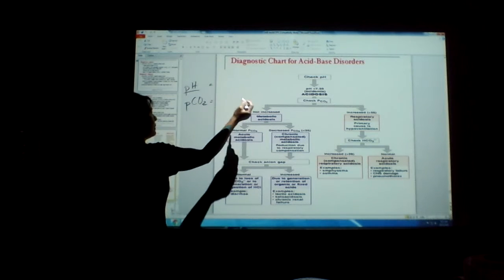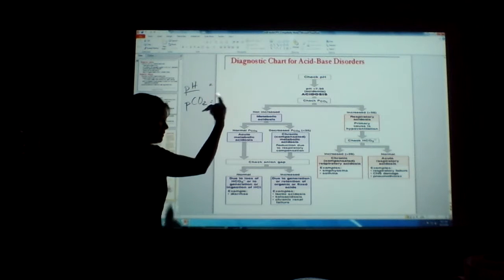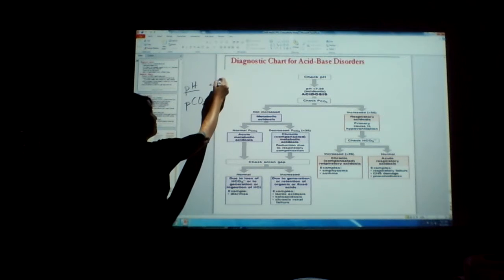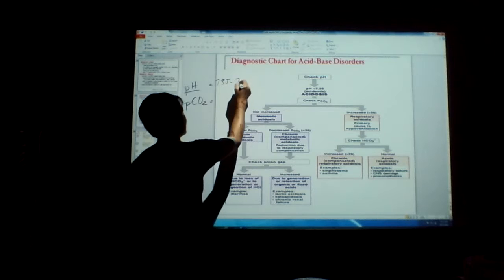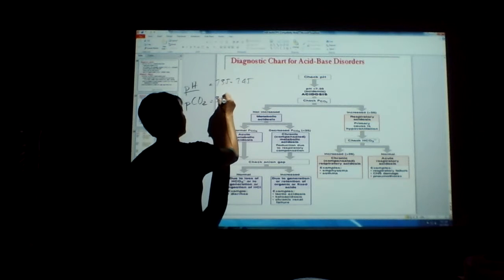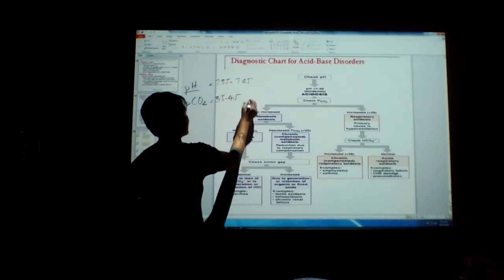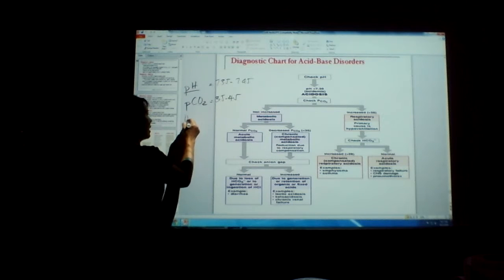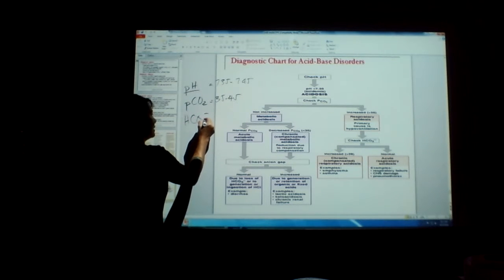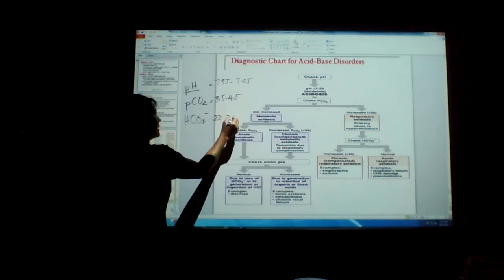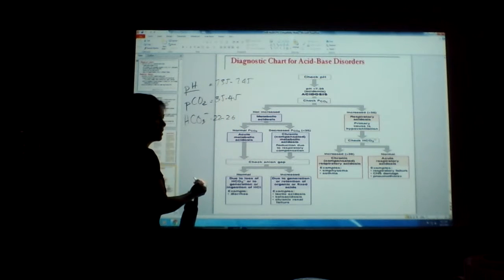The normal pH is 7.35 to 7.45, and the normal PCO2 is 35 to 45. And then the bicarb is 22 to 26. So you should know these values.